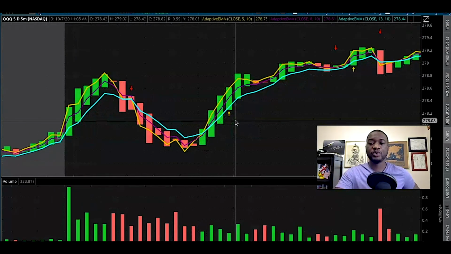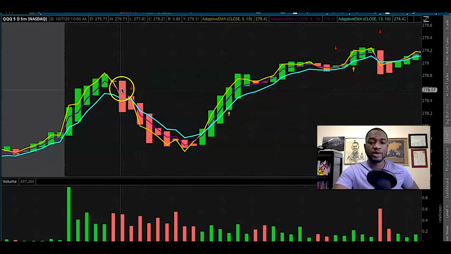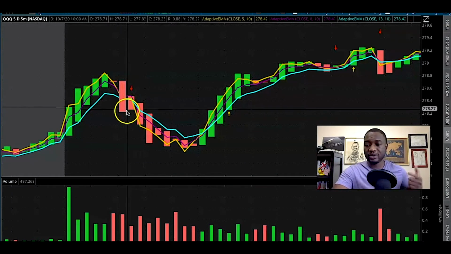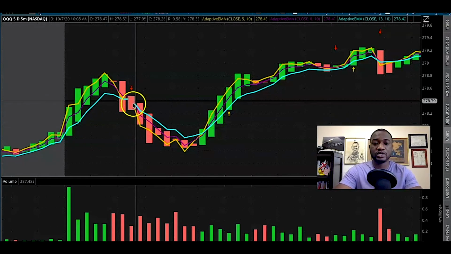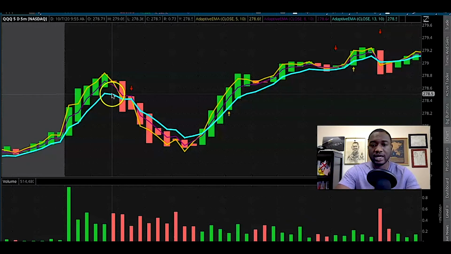Like in our previous video, we talked about the chart, why we use it, why it's important. That's the first lesson. The second lesson, we talked about the EMA, which is this yellow line, purple, and this light bluish line.